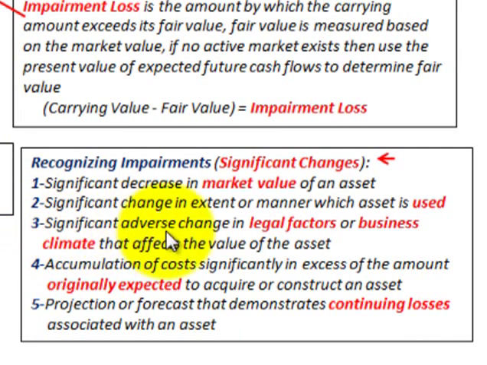Or 3, a significant adverse change in any legal factors or business climate that affects the value of the asset. And then number 4, an accumulation of costs significantly in excess of the amount originally expected to acquire or construct the asset. And then number 5, a projection or forecast that demonstrates continuing losses associated with the asset.